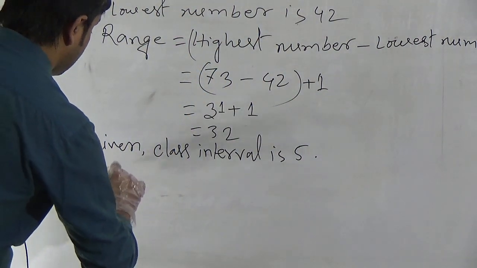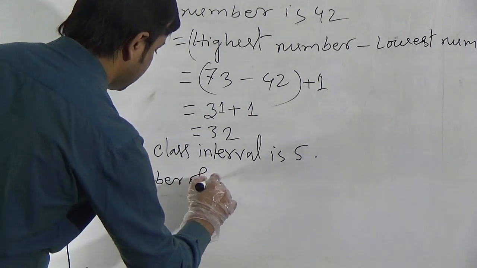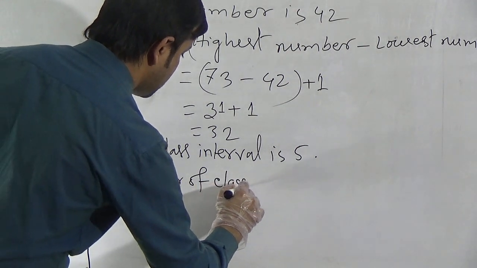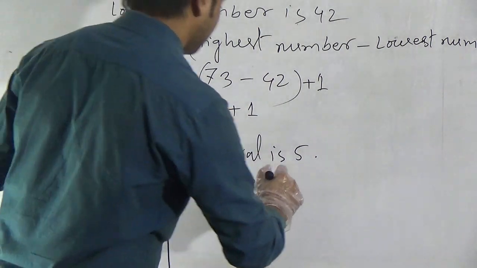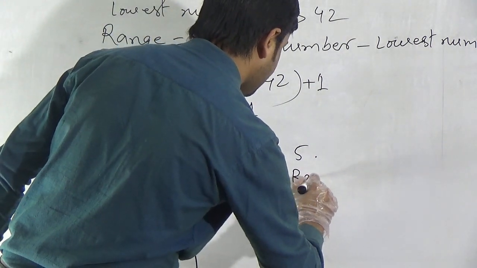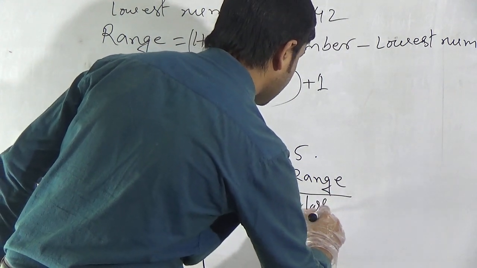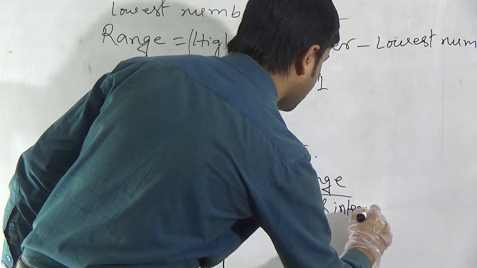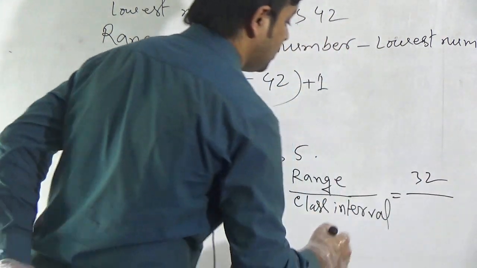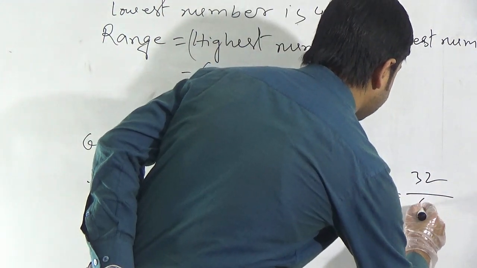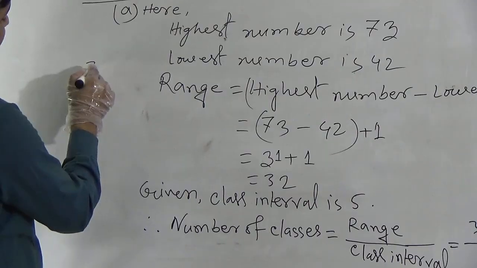Therefore, number of classes equal to, we have to divide the range by the class interval. So put the value, range is 32 and class interval is 5 here. So divide 32 by 5.